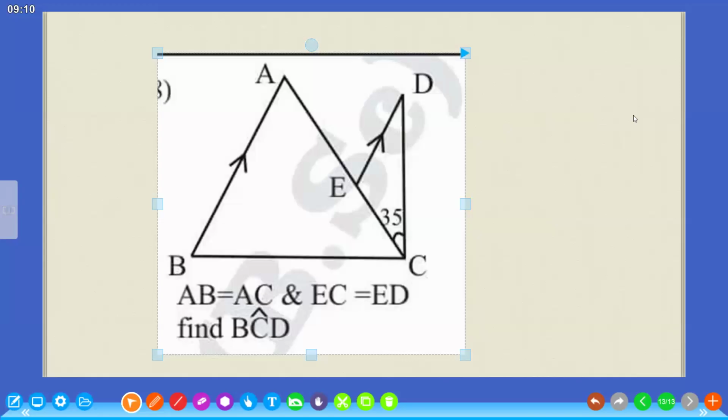Right, okay, students. Right, this one: AB equals AS. Right? Okay. So these two sides are equal. Then, students, EC equals ED. This side is equal. If this is 35, this one is 35.